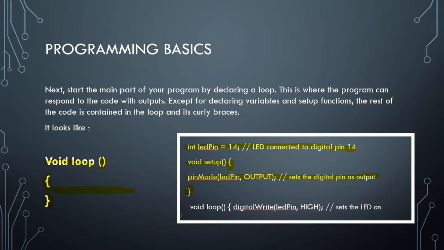So after our void setup, we have our void loop, open and closed parentheses, and then our first curly brace. And then we start with our first line of code. You can't see the second curly brace because in the snippet there's more code below here, but when we would get to the end, we would end that with a closed curly brace.